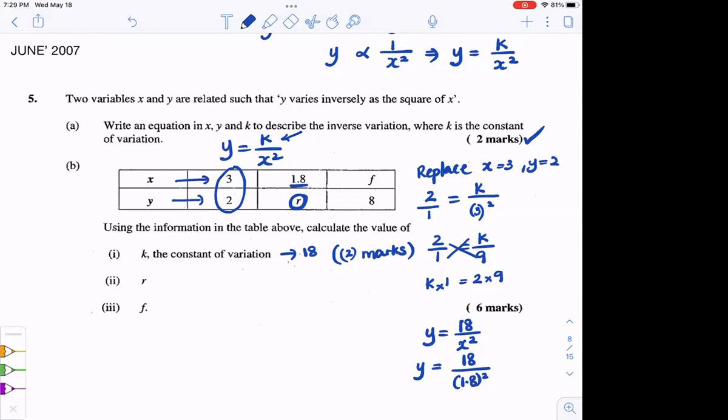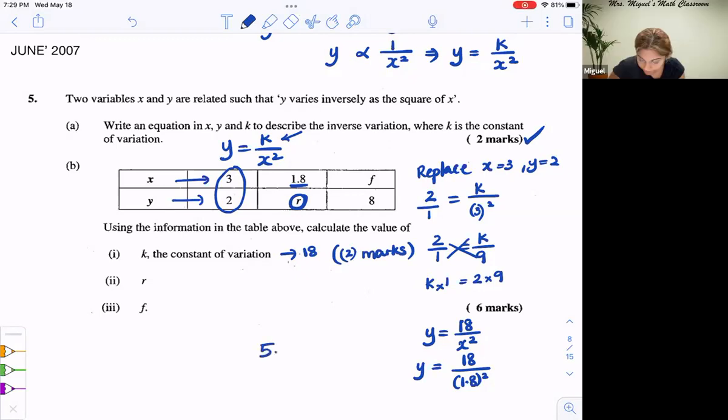5.55. So if we approximate it to 1 decimal place, this is my cutoff. This is greater than or equal to 5, so I add 1. So it becomes 5.6, right?